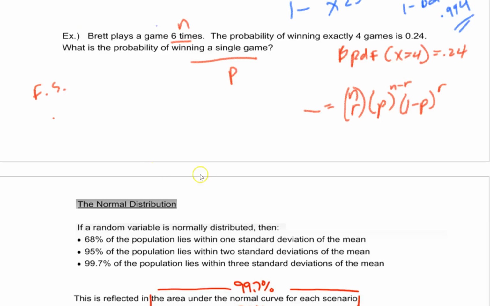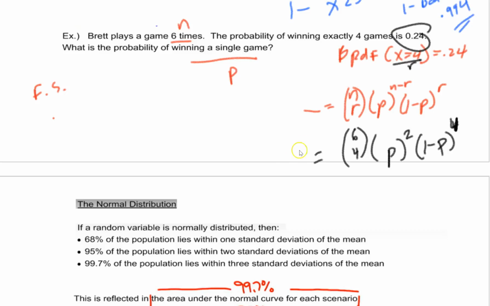And we're going to put stuff in we know. Okay, I know this is 6, because that's my n. I know my r is 4. I want exactly 4. Probability, I don't know. N minus r is going to be 2. 1 minus probability is 4. All this equals, I know what the answer is, 0.24.